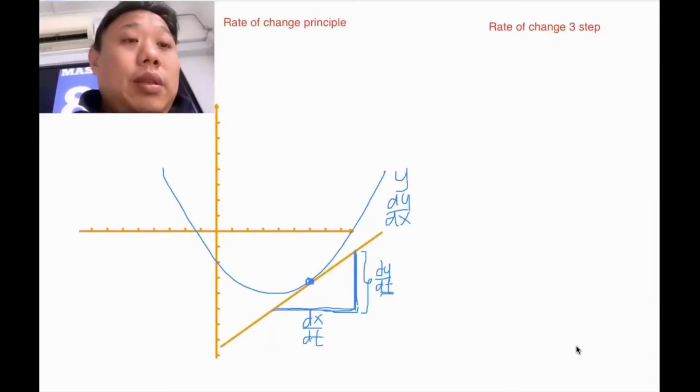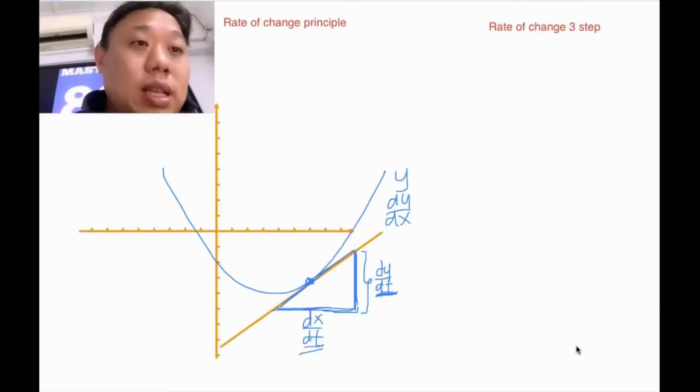That means when my x changes, my y changes, because this movement when I move in this direction is categorized by dy/dt and dx/dt.